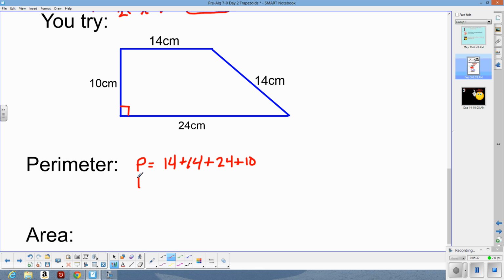Let's go ahead and add those all together. And you end up with 62. And it's going to be 62 centimeters.